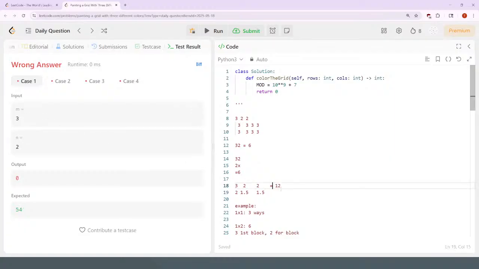So again, if this thing is another 2, then this is another 1.5. Yeah, I don't even know if this is any way to think about this. So let's say I have 3, 2, 2, 1.5, 2, 1.5.